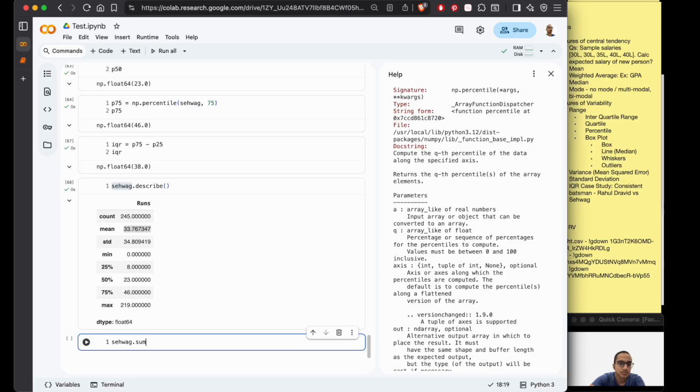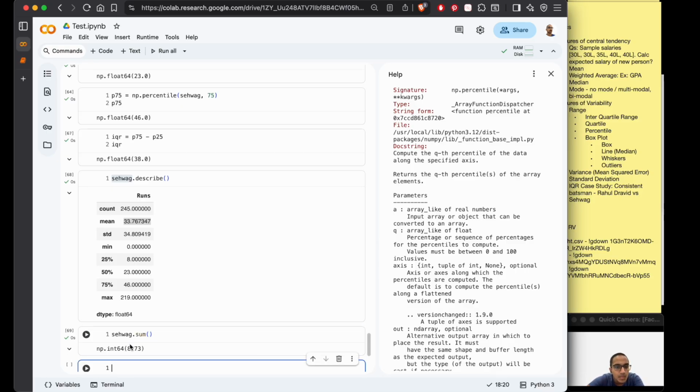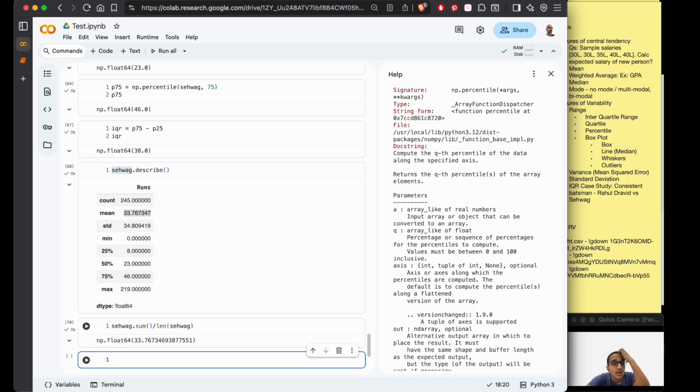Dot sum, divided by count. Okay, so it is 33. Interesting.